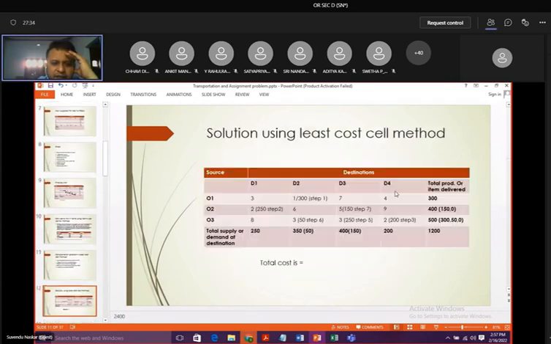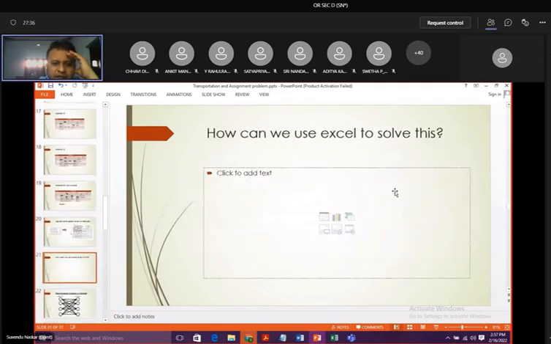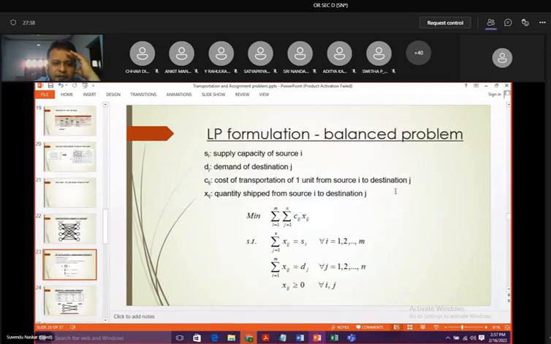Okay, so let me just go through the generic form that we have been talking about. Si is the supply capacity of source i. Dj is the demand of destination j. Cij is the cost of transportation of a unit from source i to destination j.